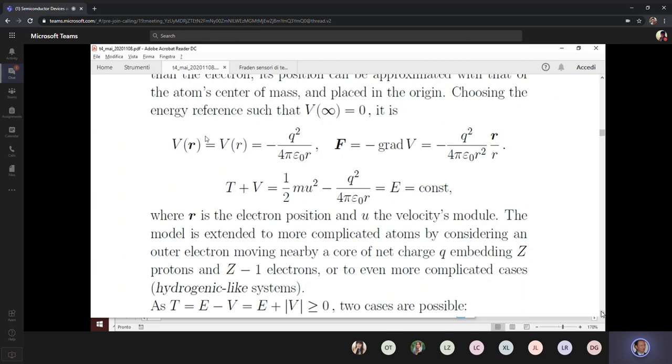Okay. By the way, the property of the total energy to be conserved is not limited to the case in which the electron rotates around the nucleus.